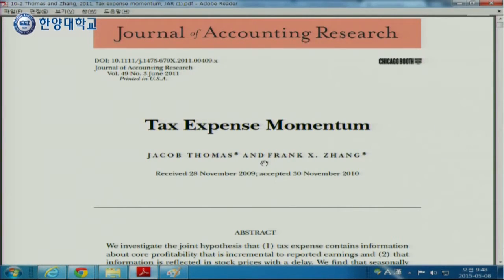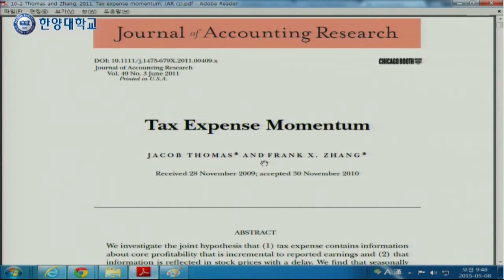So again, two possibilities of why tax expense surprise happens. First, because there is earnings surprise. Second, because there is a shock to the core profitability of the particular company. Any other question?